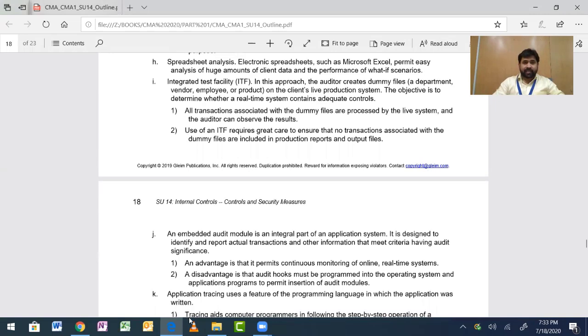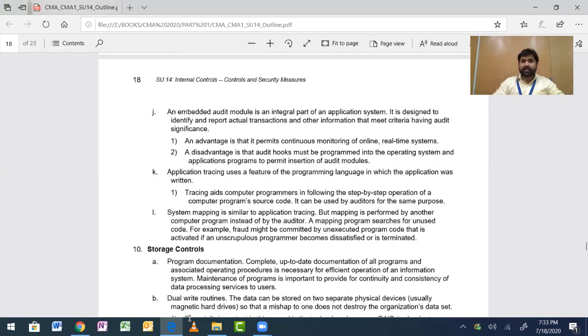Then an embedded audit module is an integral part of an application system. It is designed to identify and report actual transactions and other information that meet criteria having audit significance. So basically, there is some information which is very unique or essential for audit significance, important from the audit point of view.